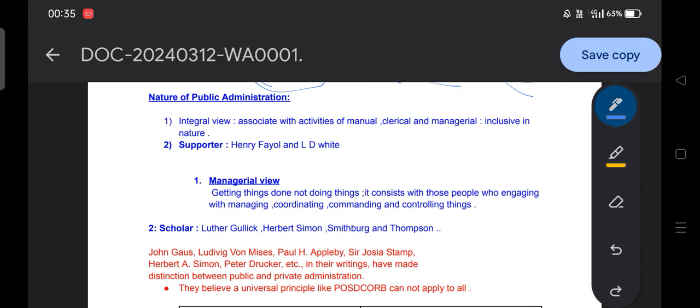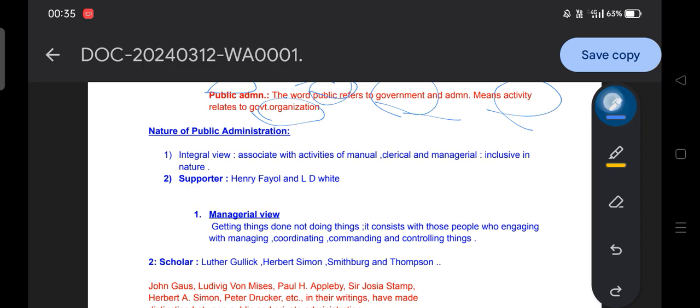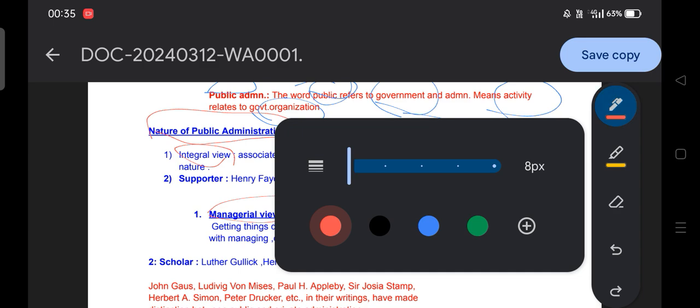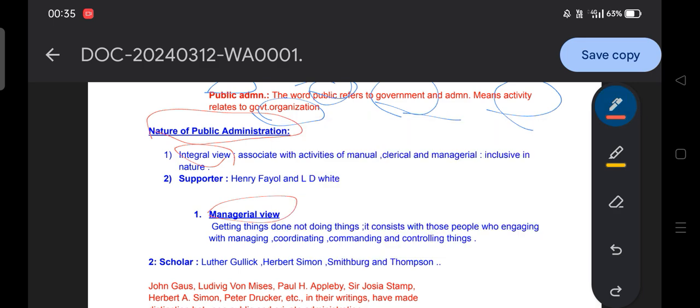Next, I will switch to the nature of public administration. The nature of public administration is categorized into two aspects: one is the integral view, and another is the managerial view. The integral view is associated with the activity of manual, clerical and managerial work, inclusive in nature.